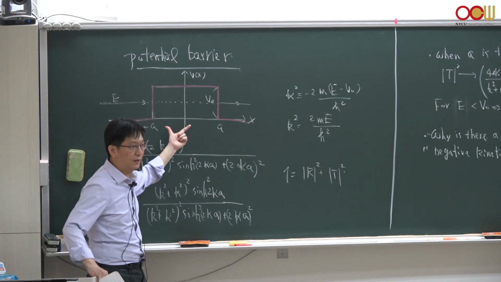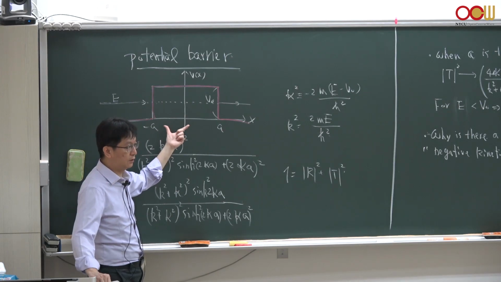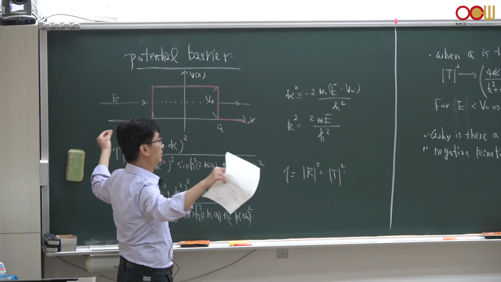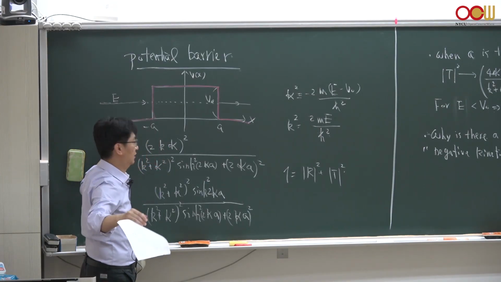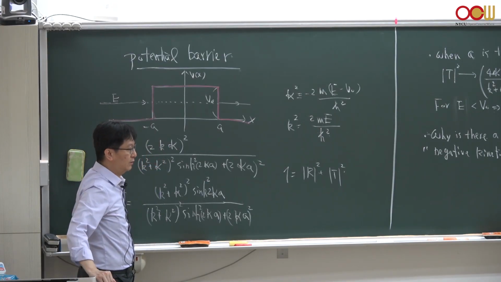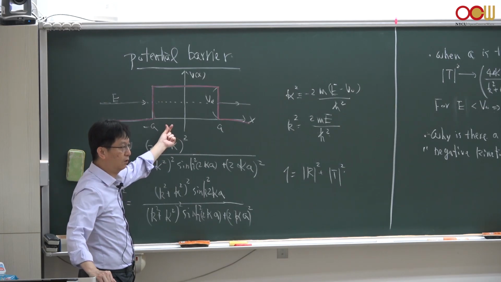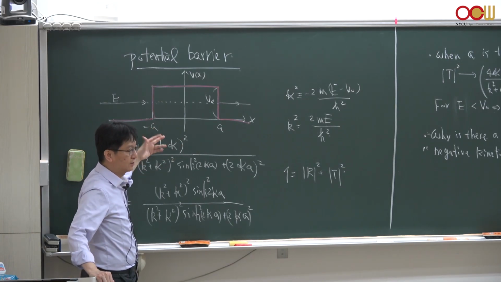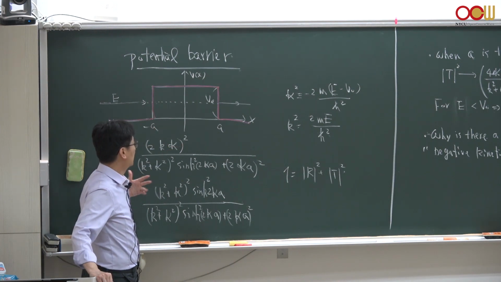The little a here represents the thickness or width of the potential barrier. If a is very, very wide, then you have a very flat and wide potential barrier. But if a is really small, you have a very narrow barrier. So how large or small a is will determine the transmission coefficient.